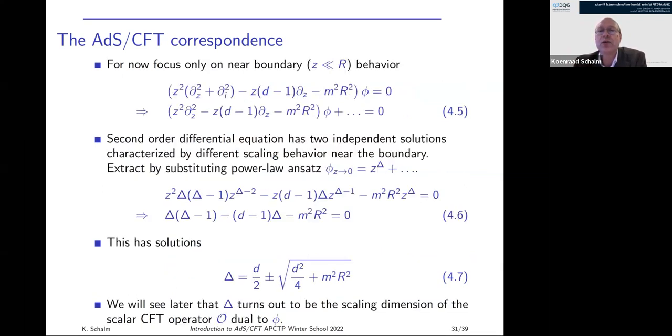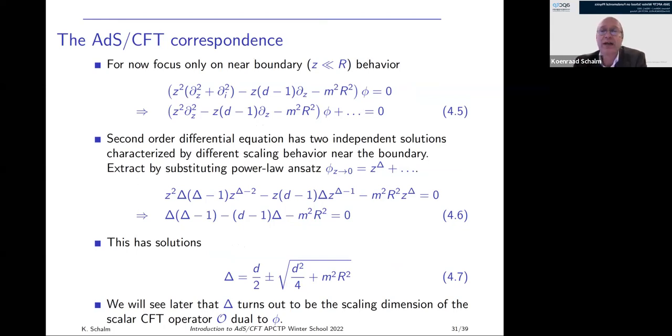To do that, let's focus on the near boundary behavior, the region in Poincare coordinates where z is very, very small. In that case, I may ignore this ∂_i squared term, and the equation just reduces to the following term plus dot, dot, dot. This is a second order differential equation.